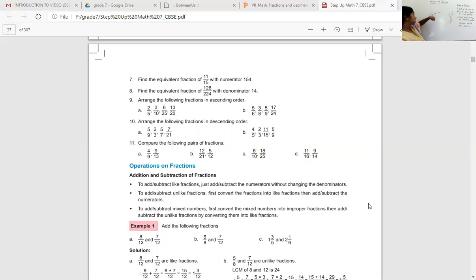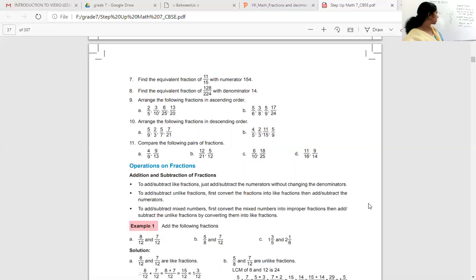That means I have to multiply 15 by 14 also, because the numerator is multiplied by 14, so the denominator also has to be multiplied by 14 to get an equivalent fraction.